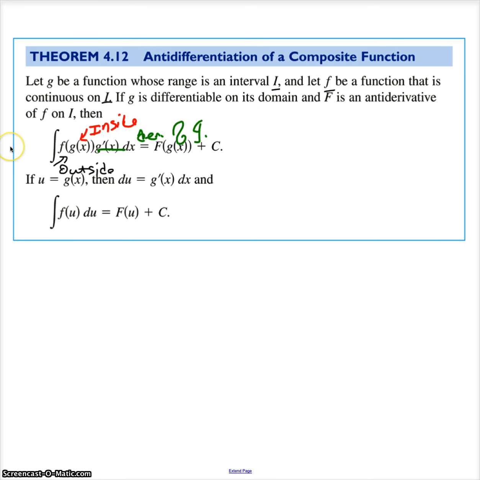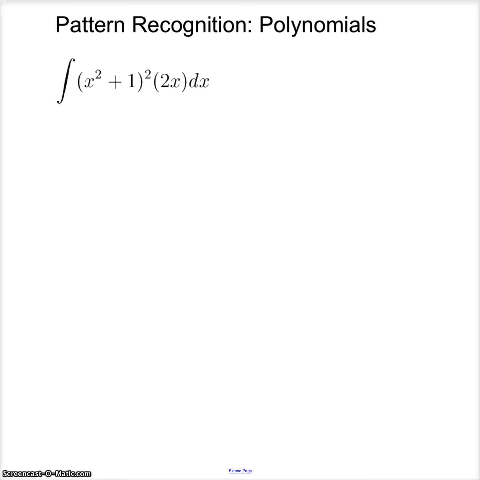All right, let's do a problem. Sometimes the easiest way to do these is to simply do them. Suppose you have this situation right here. Do you see, if I let g equal x squared plus 1, then g prime is 2x. So I've got my derivative, and then I've got my g function.